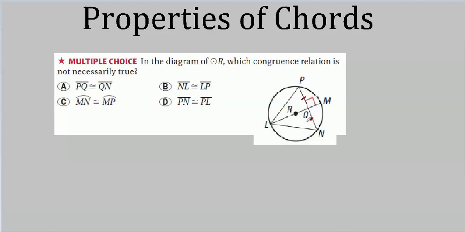Why? Well, we have a right angle here, right? These two lines are perpendicular, which means we have a right triangle LQP and another right triangle, LQN. Well, this leg of the triangle is congruent to this leg.